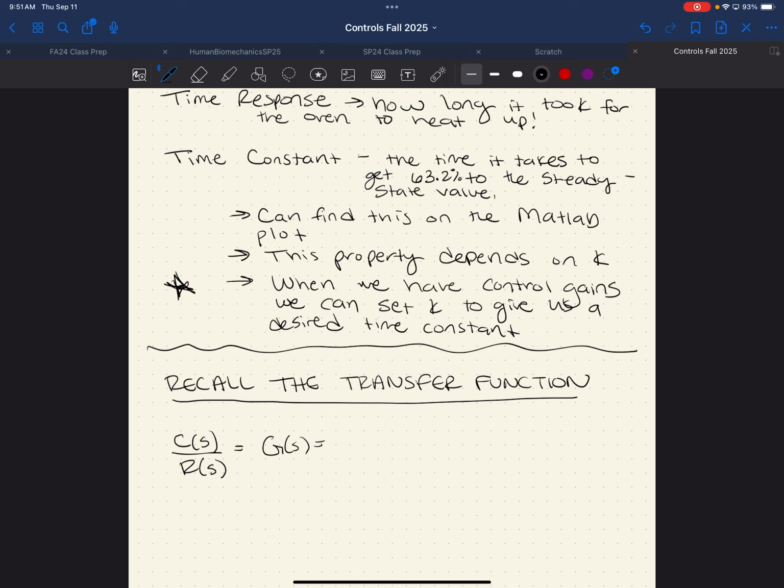So I'm going to write it that way. I'm going to make all my constants in the numerator B's. And I'll make all the constants in the denominator A's.